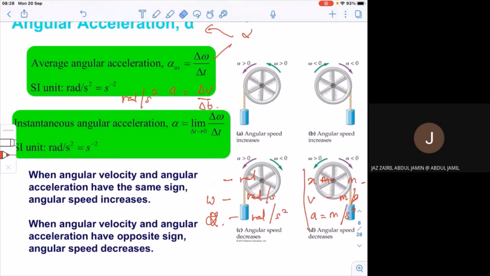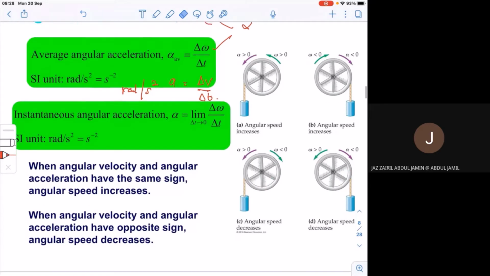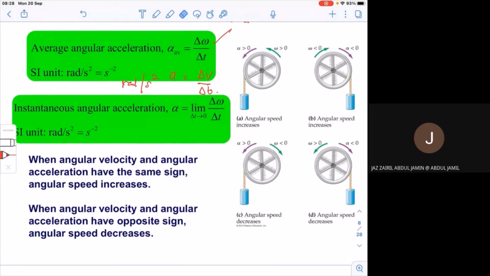What is the similarity between the kinematics? When angular velocity, omega, and angular acceleration, alpha, have the same sign, the angular speed increases.